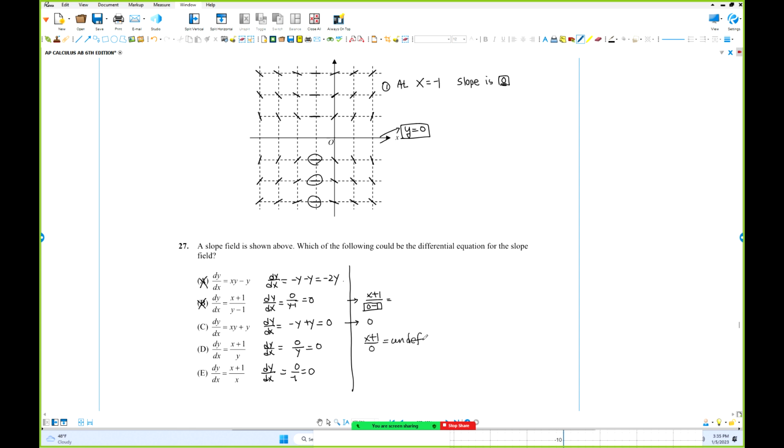Yeah. But there's no 0 here, okay? There's no undefined one. So this is wrong. Okay? So only choice D at y equals 0 is undefined. Okay? Are you okay with this?